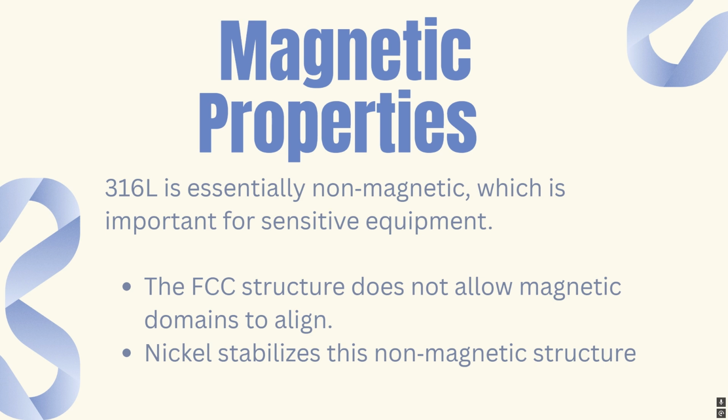Sensors and electronics can also malfunction if the metal is magnetic, which is another bad thing. Its low magnetic permeability ensures predictable behavior, so it doesn't cause the machine to malfunction.